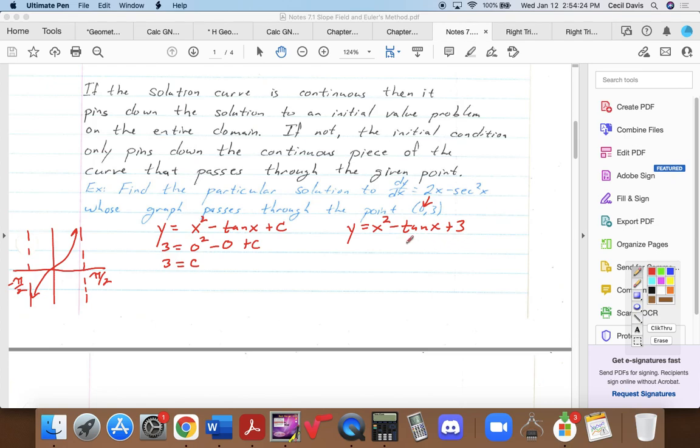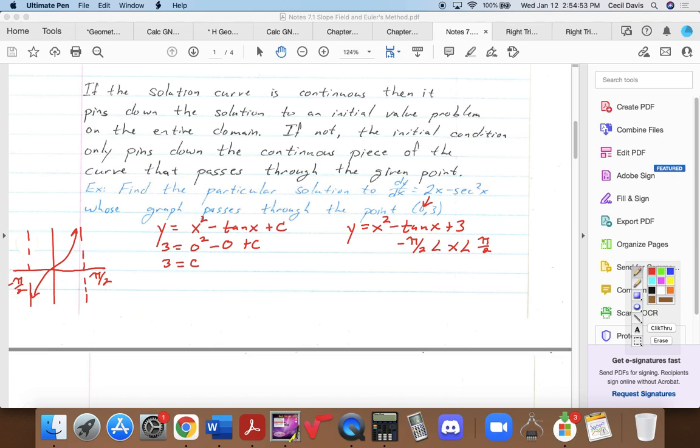So that is our domain here: negative pi over 2 is less than x is less than pi over 2. It only gives us that one branch. It doesn't give us multiple branches. So if the solution curve is discontinuous, you have to tell which branch it is that is the solution to your particular initial value problem.